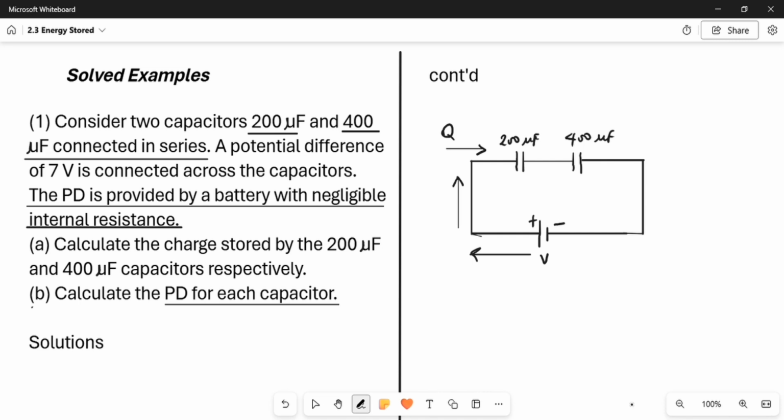Because they are both in series. However, they will be maintained at different voltages. So when the question says calculate the charge stored by the 200 and 400 microfarad capacitors respectively, we have to remember that both capacitors will carry the same charge. So the first thing to do is to calculate the equivalent capacitance, before we find the charge flowing through the capacitors. So let's proceed.